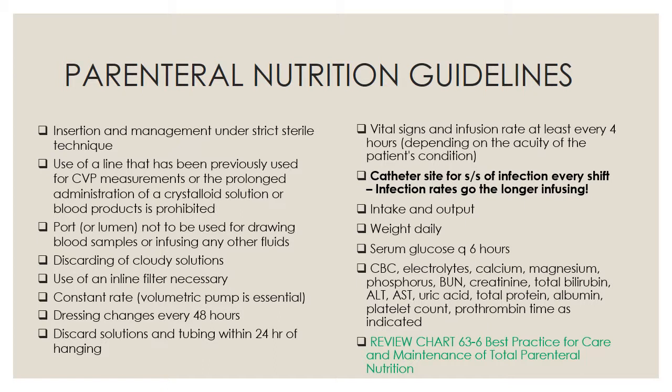You want to monitor intake and output, daily weight. You want to check serum glucose every 6 hours. You're going to check CBC, electrolytes, calcium, magnesium, phosphorus, BUN, creatinine, and total bilirubin, ALT, AST, uric acid, total protein, albumin, platelet count, prothrombin time as indicated.